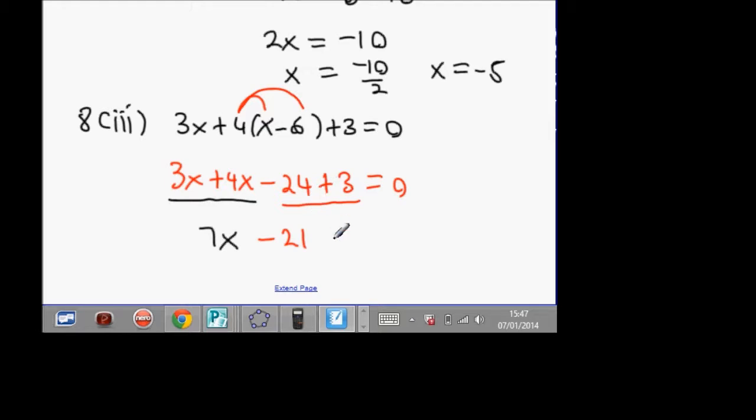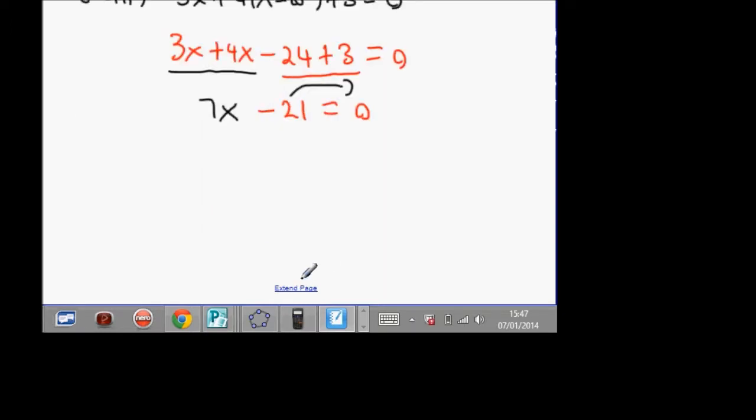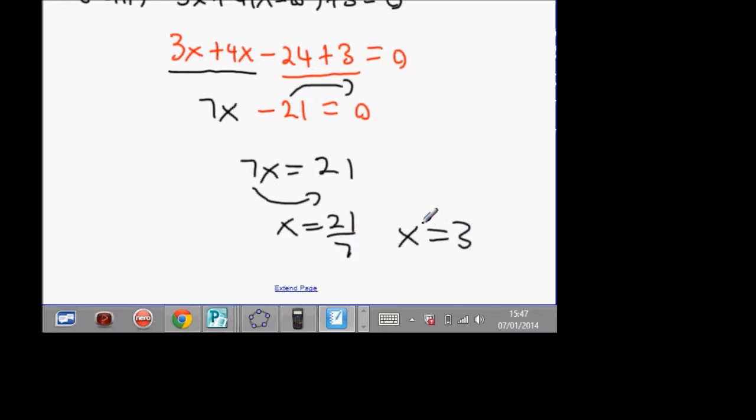Now where does the 21 go? It goes over to the right. And what happens? 7x equals 0 plus 21. No need for the 0, but yeah, you're right. And the 7? So divide 7 into 21, so x equals 3. Well done.